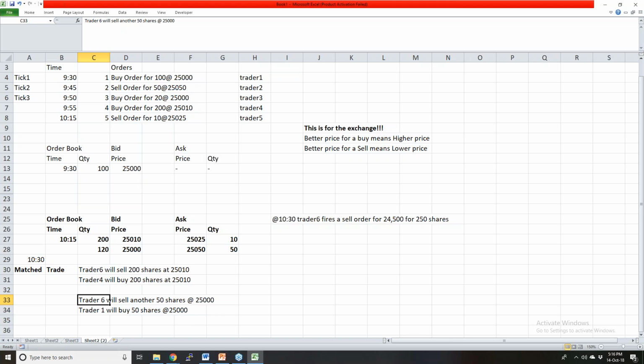Is this clear? Anybody who did not understand this? So I will tell you about limit orders and market orders, but let us not get into that terminology right now. I just wanted to share these things.